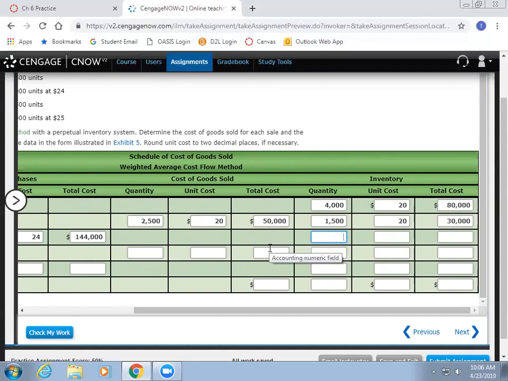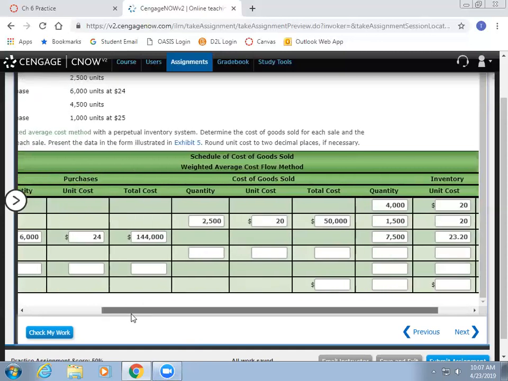I have 7,500 units total at an average cost of $23.20 each, and our total cost is the $174,000. Everyone got that? Okay, so now we have that average in there.